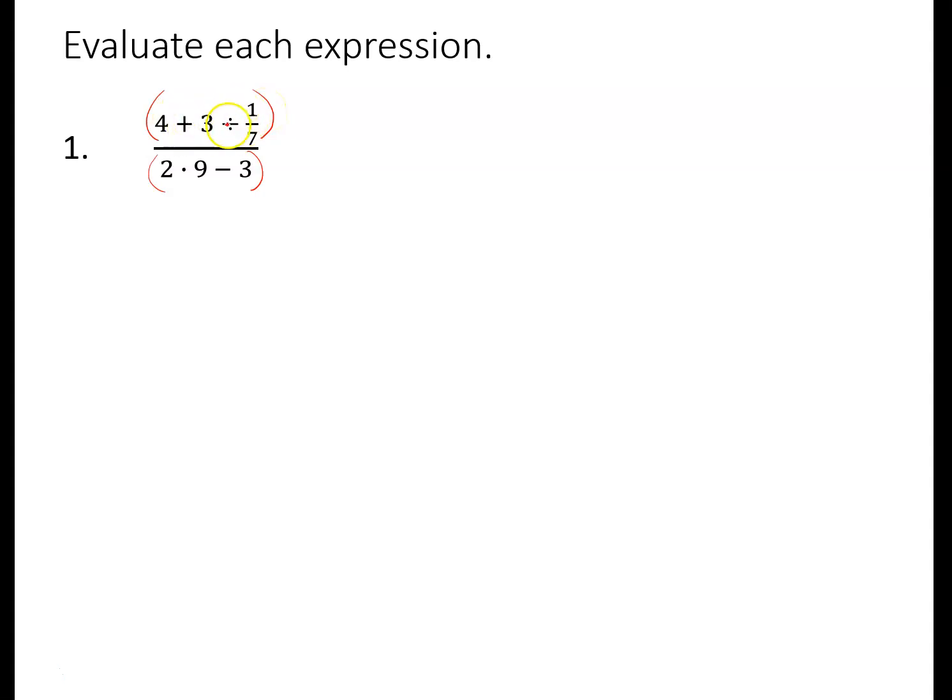So let's look just on the top. We've got addition, we've got division. We know that we need to divide first. So let's make a note of our steps over here again. So we've got grouping symbols, exponents, multiply and divide left to right, and then add and subtract. Okay? So we know that the division comes before the addition.